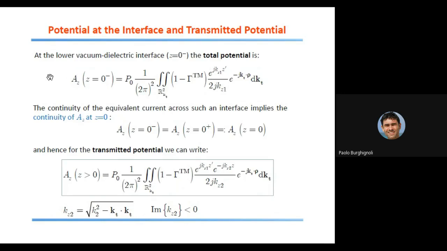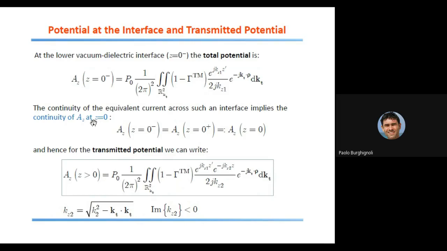And we do that by matching the fields at the interface, because at the lower vacuum dielectric interface, z equal 0 minus, the total potential is just the sum of the incident and reflected waves. So you can see here inside the integral 1 minus gamma TM. 1 comes from the incident wave and gamma TM comes from the reflected wave.